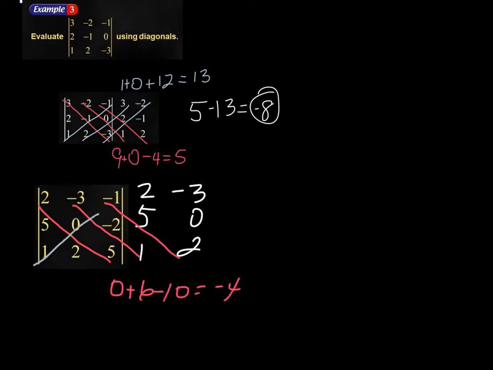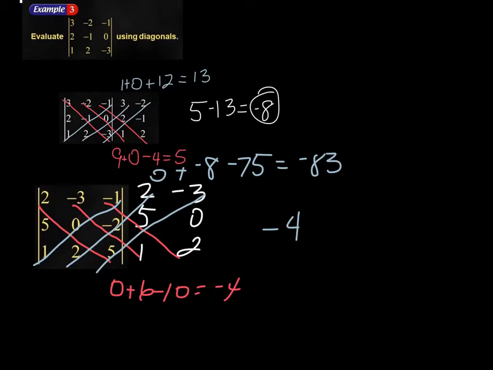Going north, I've got 0 plus 2 times negative 2 is negative 4, times 2 is negative 8. And 5 times 5 is 25, times negative 3 is negative 75. So that sums to negative 83. And we're going to take the south minus the north, and we get 79.